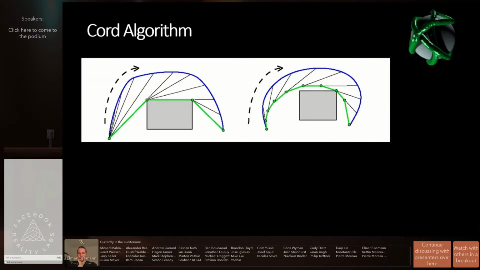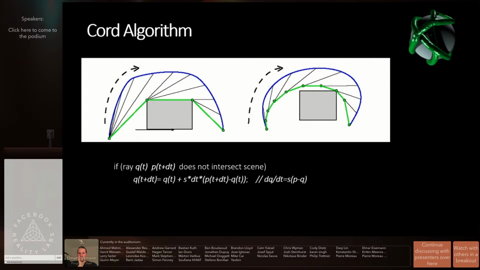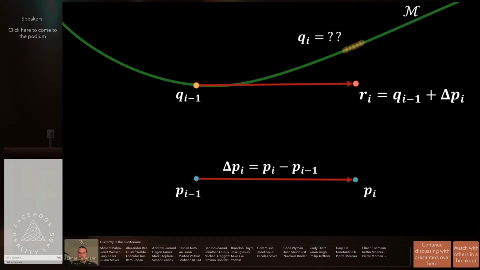In the case of chords, we shoot a ray from the current Q through P and project the next Q by growing the chord along the ray or grazing scene intersection based on the chord stiffness. In our VR context, we transport the segment on P to Q and then project by computing a smooth closest point.